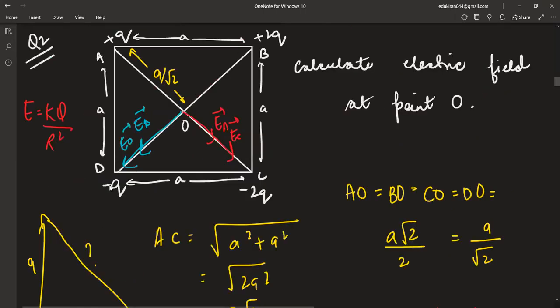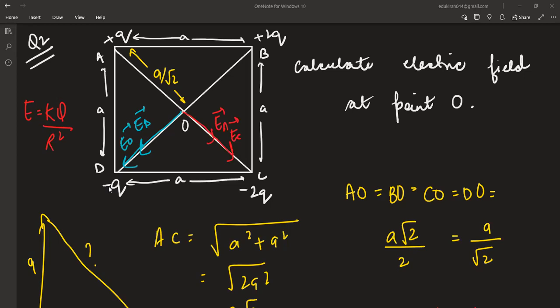Coming to this charge D, this D point we are having. Hafsa, can you try? For this point, kq by a by root 2 whole square. Very good. k is the constant, charge is q, and the minus sign we do not take in electric field and electric force; we just take the magnitude.